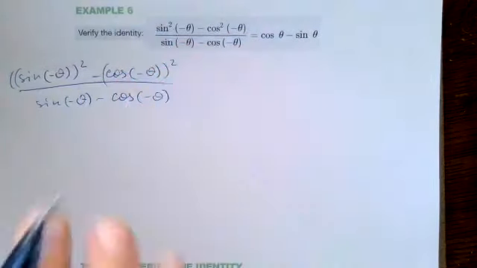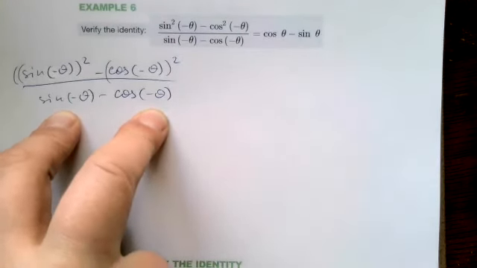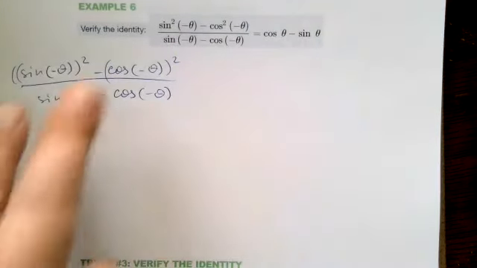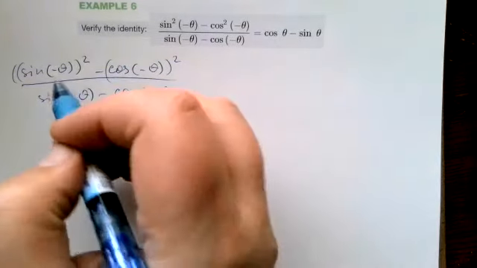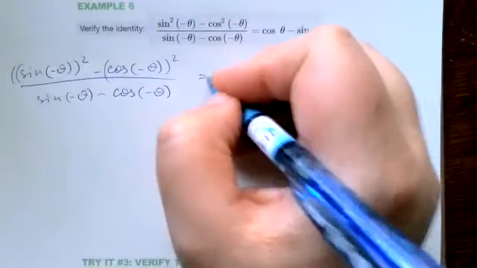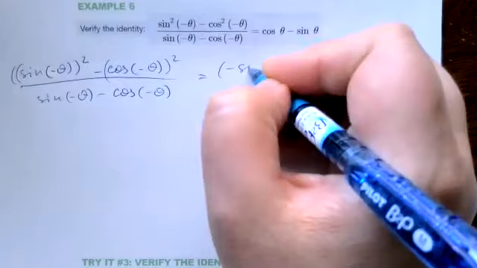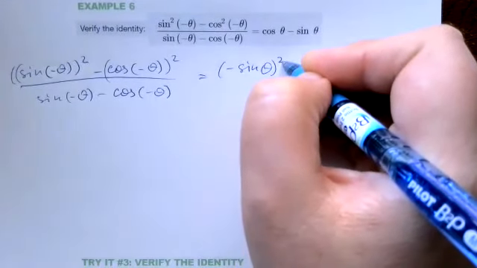So what I'm going to do first, I'm going to apply my even and odd identities, those function properties. So since sine is an odd function, it's going to become negative sine theta squared.